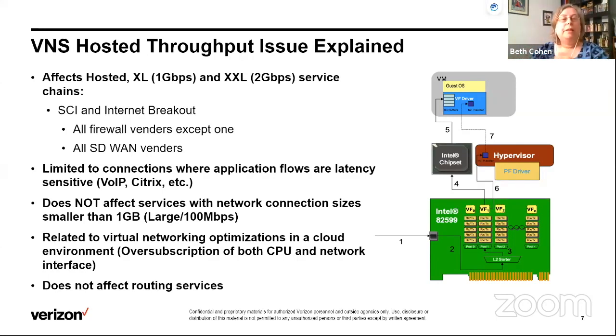So 100 meg and under was fine, and over a gig, it fell over. And 2 gig, I think we finally tuned it so some of them can support 2 gig, but most of them still can't. So we've turned off over subscription and improved the network interface.